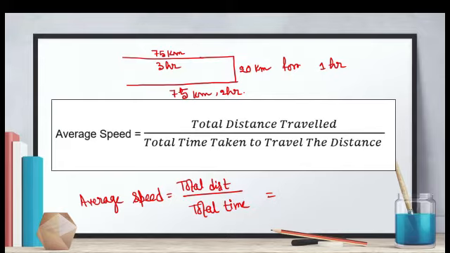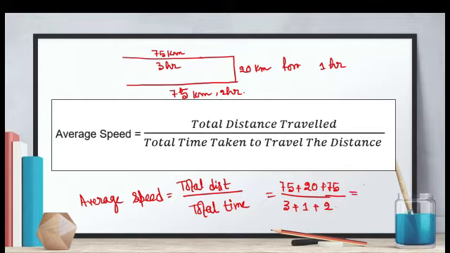So average speed here is total distance. What is the total distance? 75 plus 20 plus 75. And what is the total time here? Total time is 3 plus 1 plus 2.